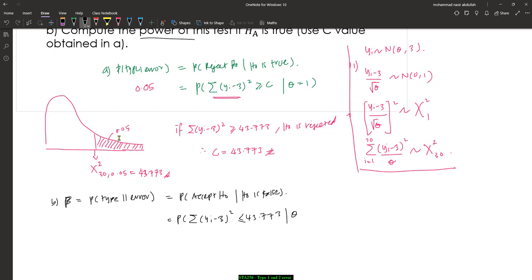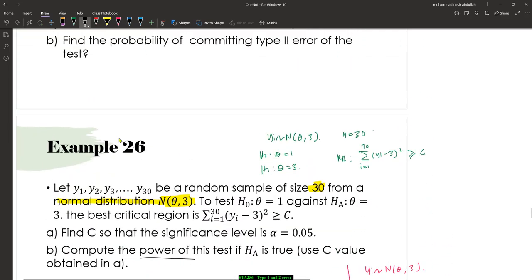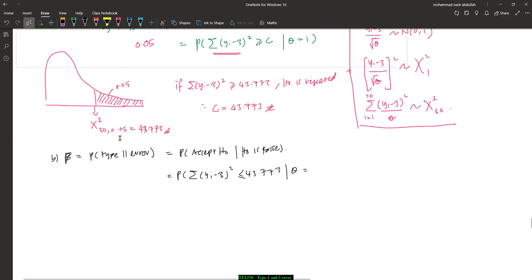And theta should be equal to what? Theta should be equal to 3, because the null hypothesis is false. Theta here is the variance.